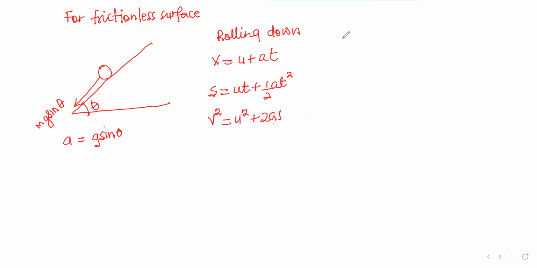Okay, so for motion along an inclined plane, we are only replacing the acceleration A by the acceleration on an inclined plane.